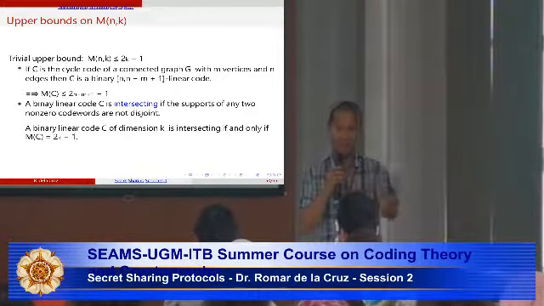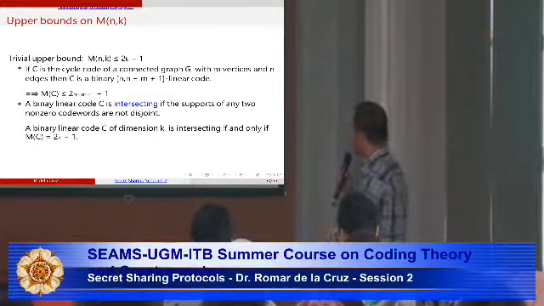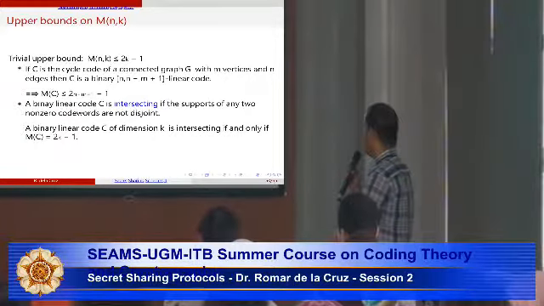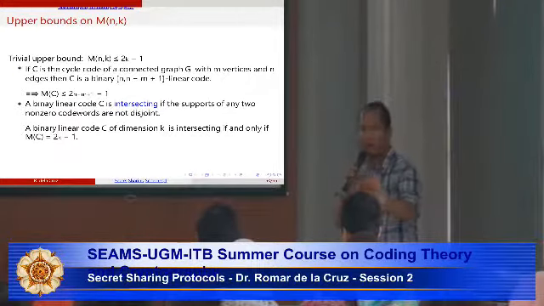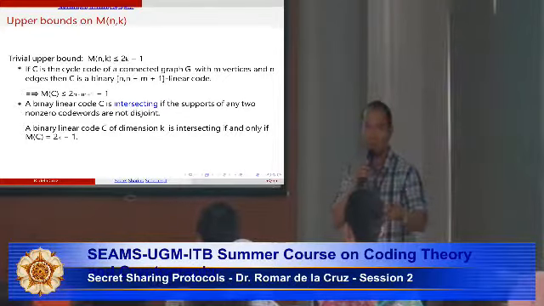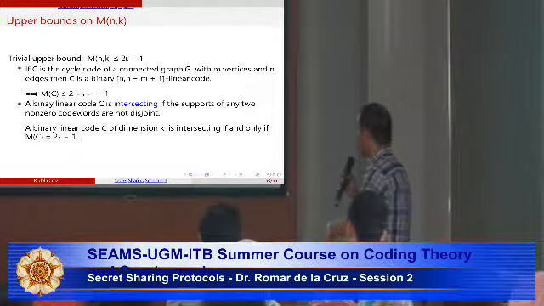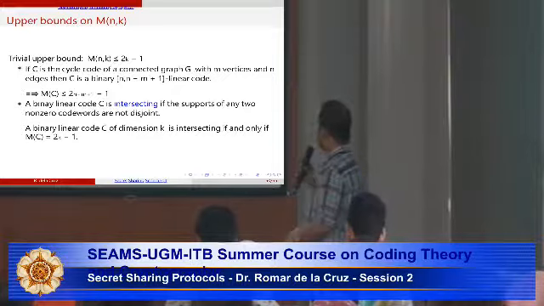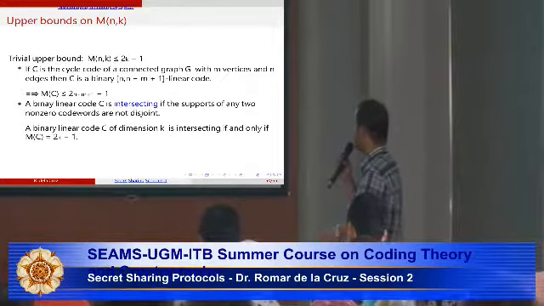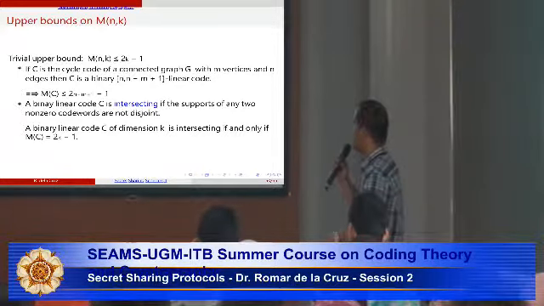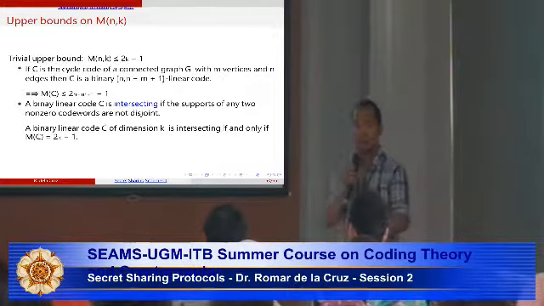So they intersect, that's why it's called intersecting. Actually, this was studied because of a different motivation, not because of minimal code words. But it turns out they are related. A binary linear code is intersecting if and only if the minimal code words are all the non-zero code words.